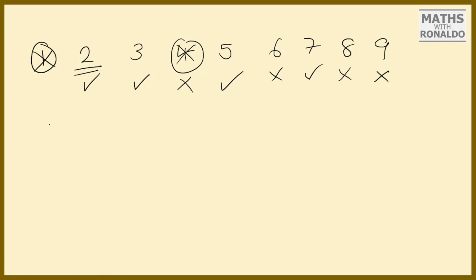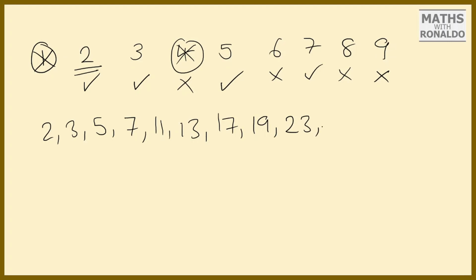If we look at the first few prime numbers, we have 2, 3, 5, 7, 11, 13, 17, 19, not 21, 23, not 27, 29, 31, and we can continue all day because there is an infinite number of prime numbers.